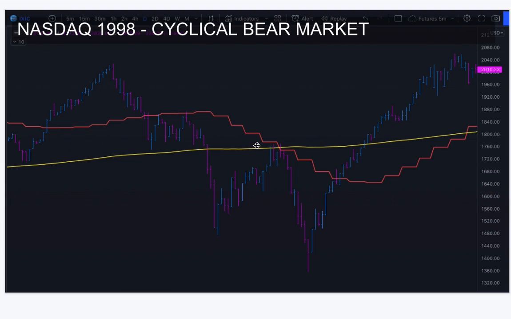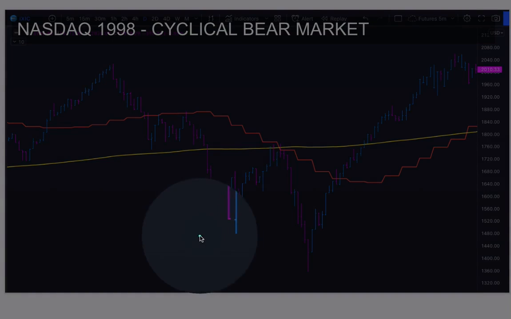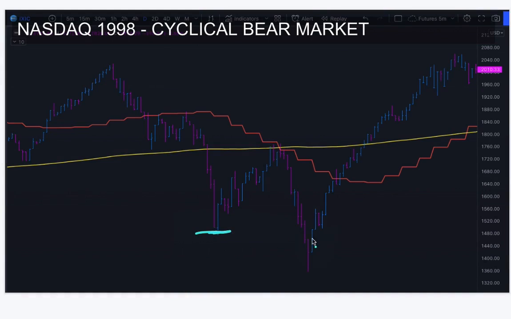From then on, we like reviewing the previous historical examples, and one of the times we got a soft landing is within this 1998 situation, where we had again a cyclical bear market. Now what happened here is that after we undercut the follow-through day lows, here, we actually got a really nice rally up, and the sentiment was very much similar.